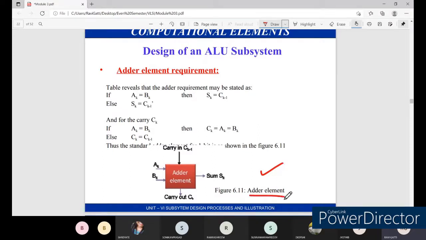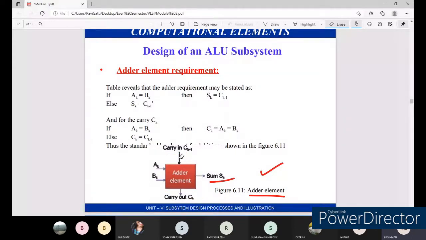If you remember the logic design, you'll be getting Ak and Bk, and depending upon the carry in value, you'll be getting the sum value. And depending upon the carry in, you'll be getting a carry out value that we call Ck, and this is Ck minus 1, the previous carry, and the newly generated carry. You need to highlight it over here.